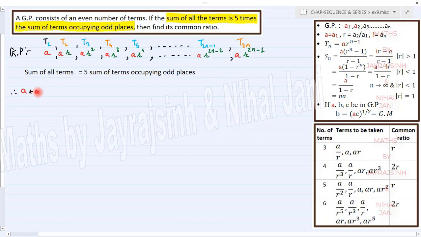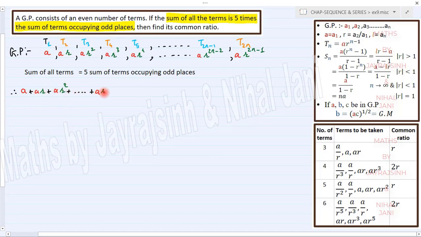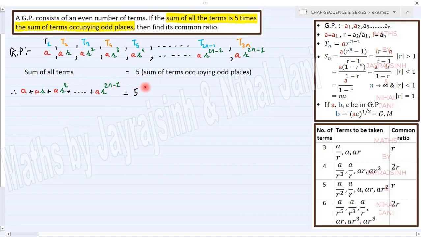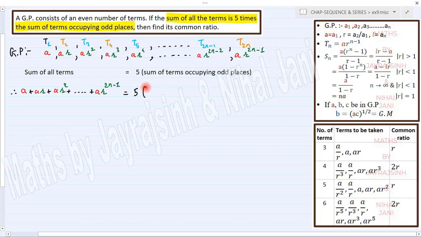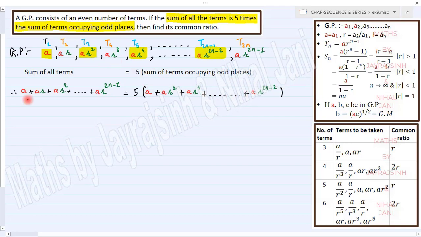So on the left hand side, we have all the terms, no matter whether they are at odd or even places. And on the right hand side, we have the sum of terms at odd places, or we can say first term, third term, fifth term up to the 2n minus 1 term.